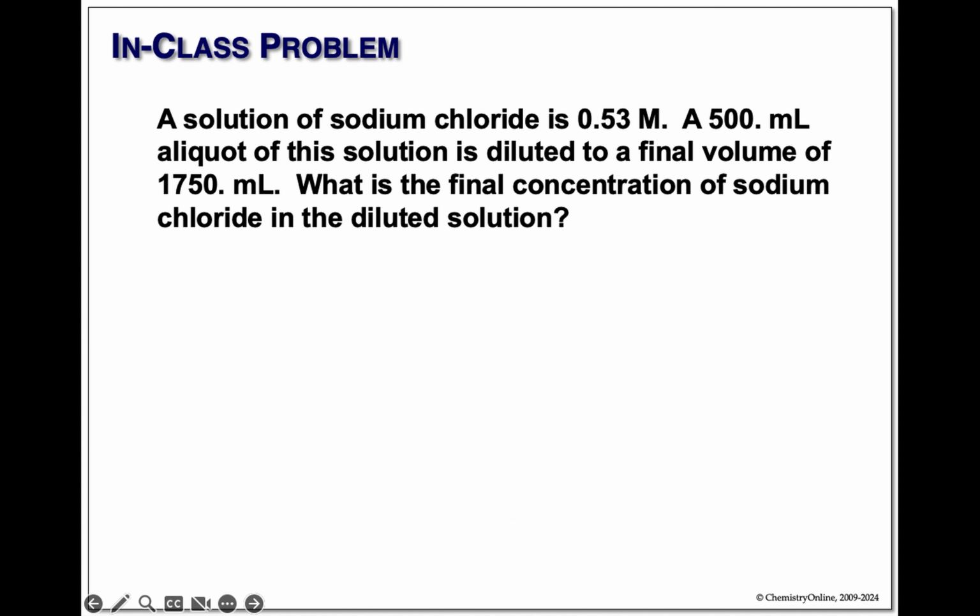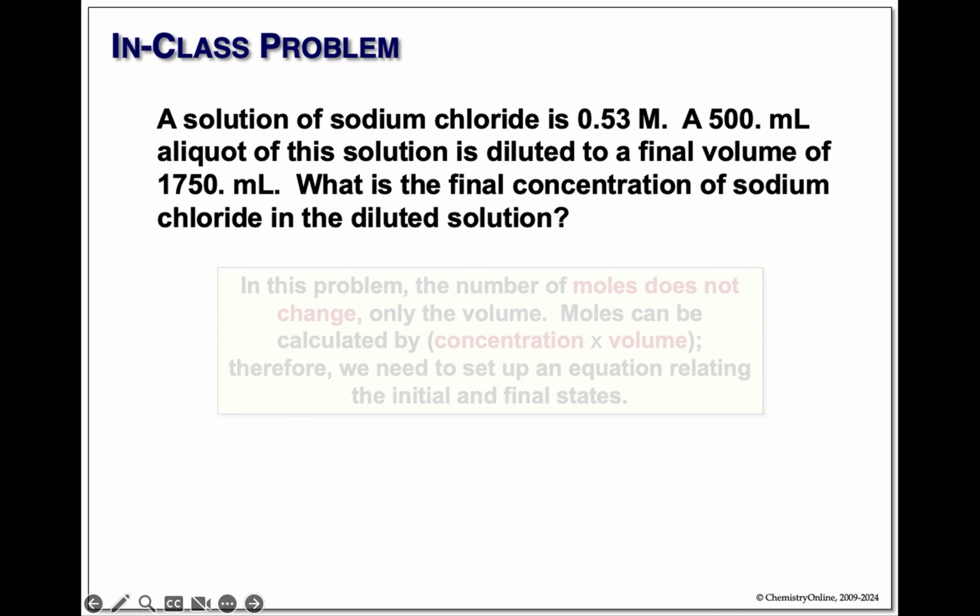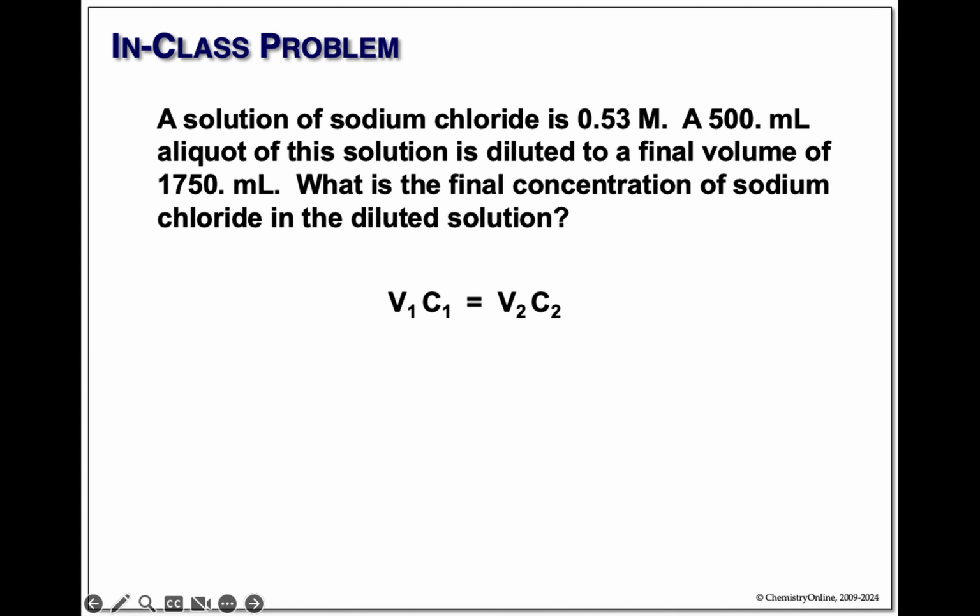Well, we're going to work with concentration times volume, remembering that moles does not change. So, V1C1, V2C2. V1, 500 mils, C1, 0.53. Our final volume, 1750.